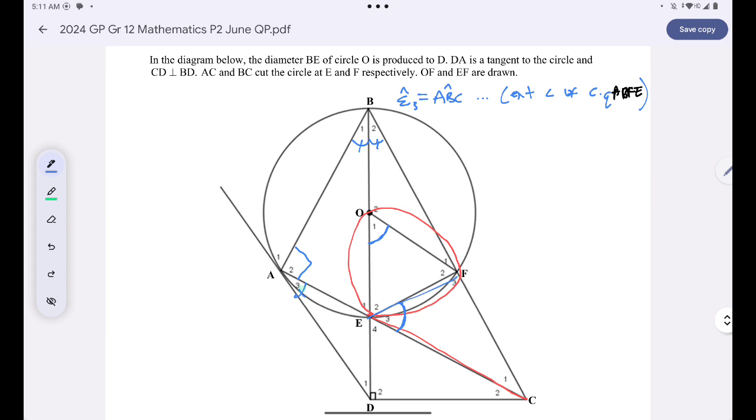This thing here is a cyclic quad, right? And E3 is the exterior angle of that cyclic quad. Are we together?